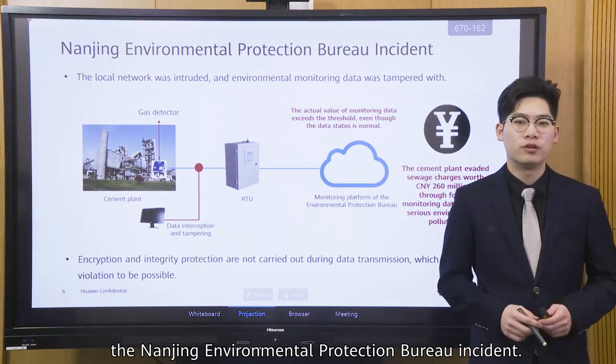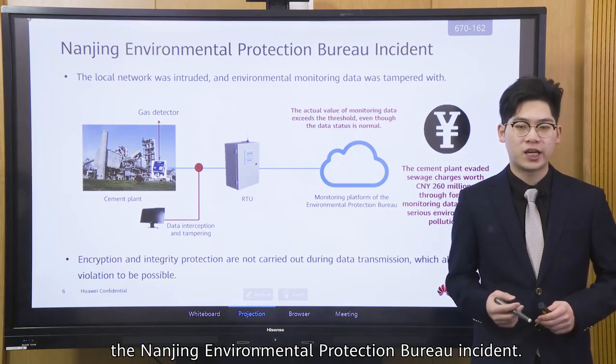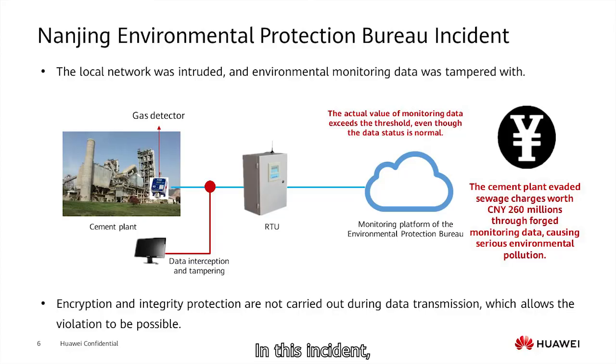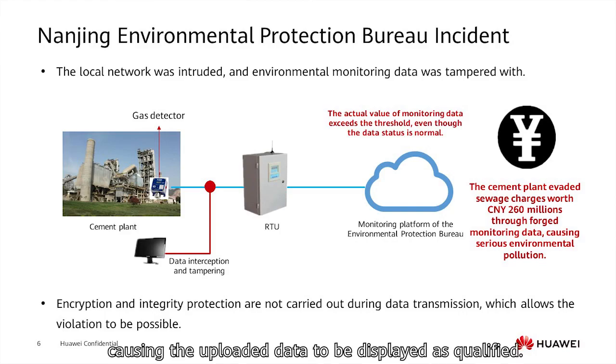One of them was the Nanjing Environmental Protection Bureau incident. In this incident, someone intercepted and tampered with environmental protection data at the near end of the network, causing the uploaded data to be displayed as qualified.